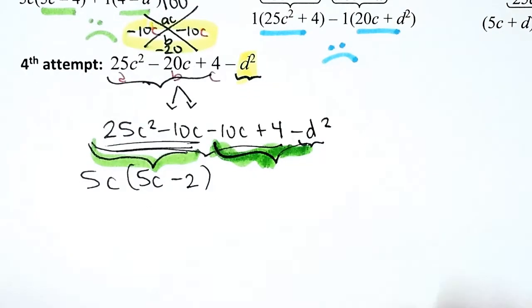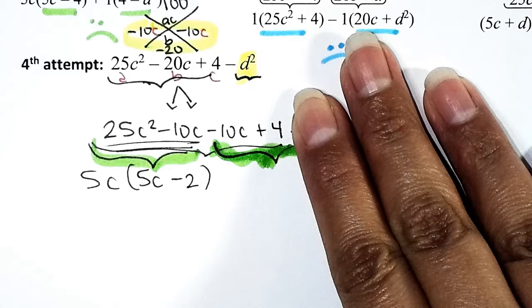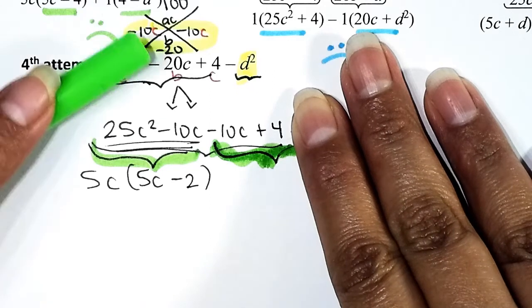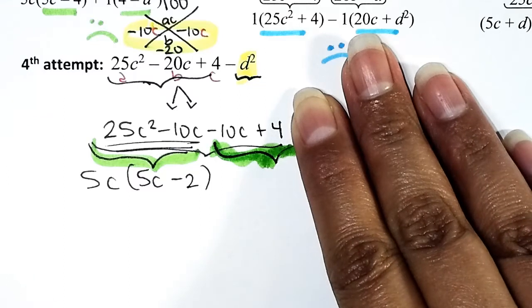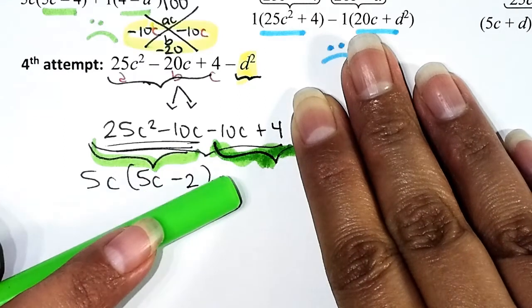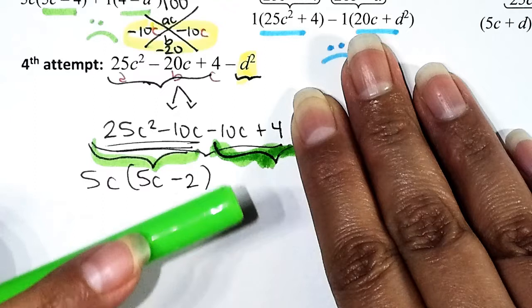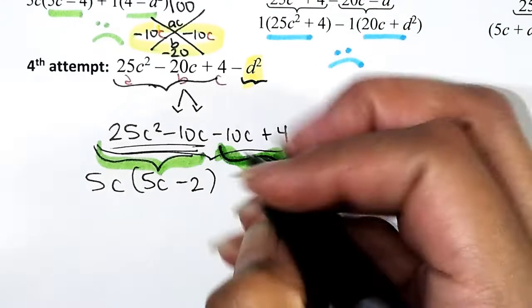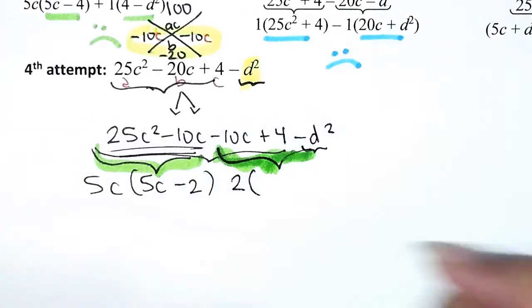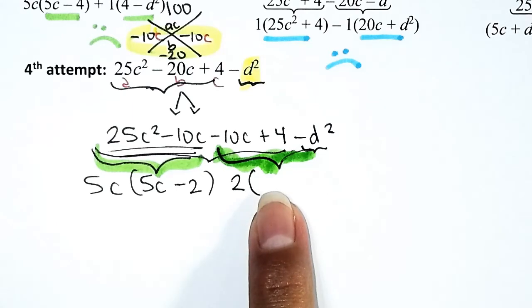All right, cool. So let's go ahead and look at the trinomial that we split, where we split the middle term, because we're factoring using the AC method. Looking at the second group, I want to know what is the greatest common factor. In this case, 10C and 4 have a common factor of 2. But remember what I said, when you take out a common factor, it's to your advantage that the first term you're left with is positive.